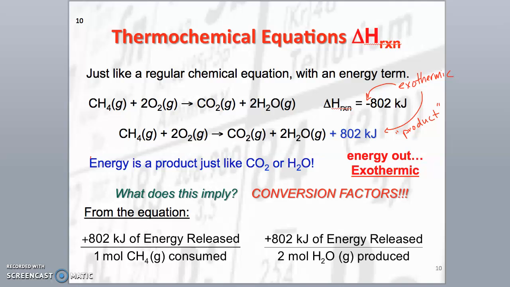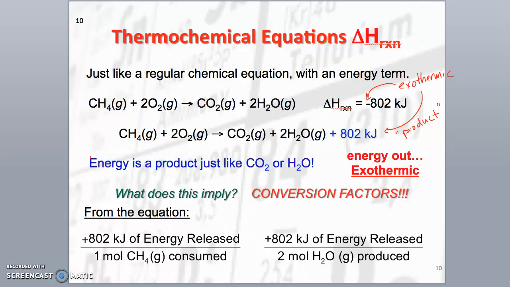So getting into delta H of the reaction, what we're showing here is a reaction, CH4 and 2O2 going to CO2 and water. This is a combustion reaction, and we have a delta H reaction, and it's got a negative value, which means that it's exothermic. So we can write that value right into the equation if we like. Sometimes that's useful.